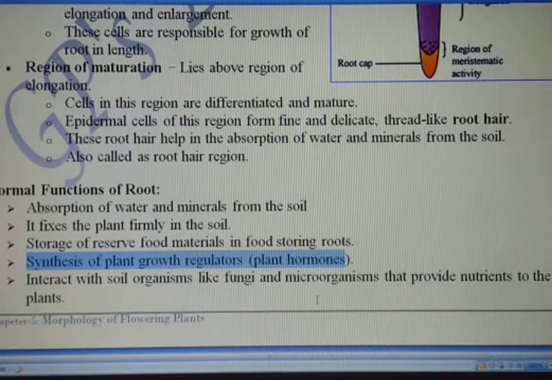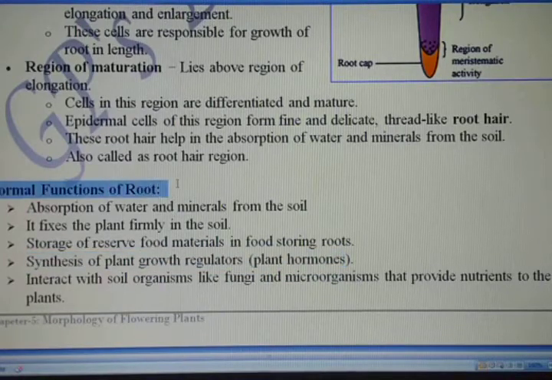The first three are called plant growth promoters, and ethylene and abscisic acid are called plant growth inhibitors. So these hormones or plant growth regulators are synthesized at the tip of the root and also at the tip of the shoot. So that was about the normal function of root.